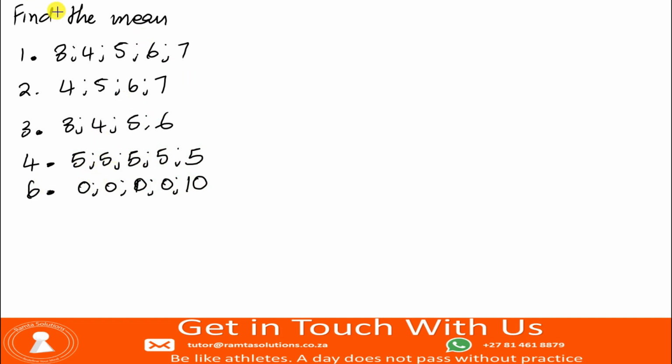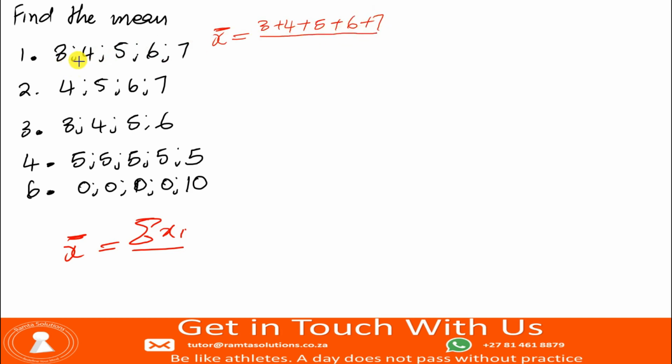Remember, guys, when we talk of the mean, the formula that I gave you was x bar equals the sum of values over the number of values. So here, the mean is 3 plus 4 plus 5 plus 6 plus 7 all over how many numbers are here?